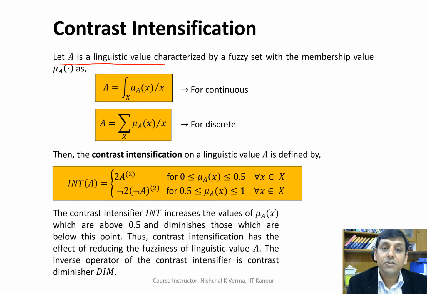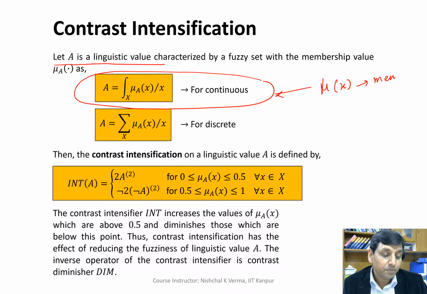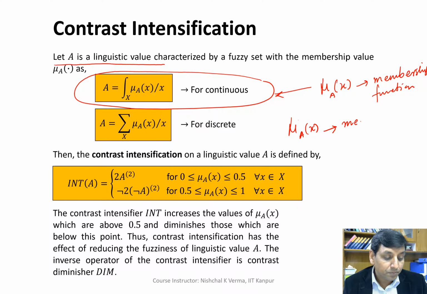And if it is a continuous fuzzy set, then we have mu A of x as the membership function. And if we have a discrete fuzzy set, which is just the representation of the linguistic value, then mu A of x is the membership value.